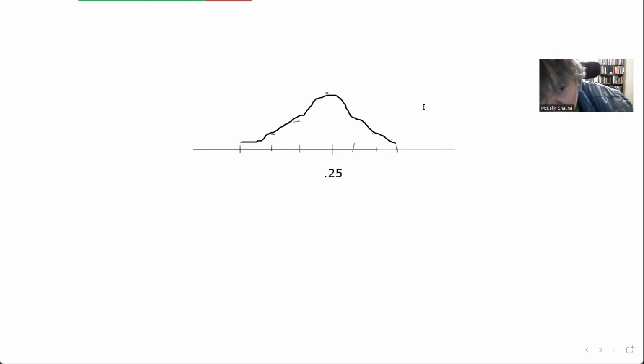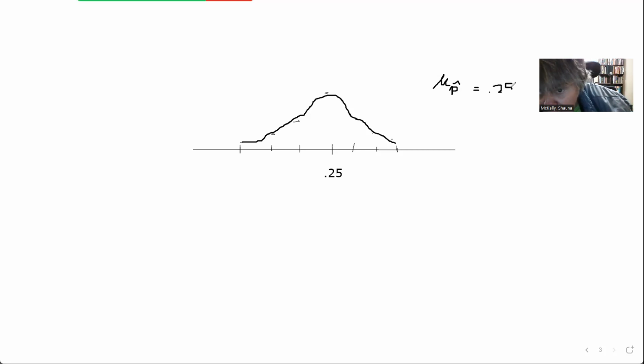And remember, when we did our calculation that you saw on the screen, we ended up with mu sub p hat is equal to 0.25.